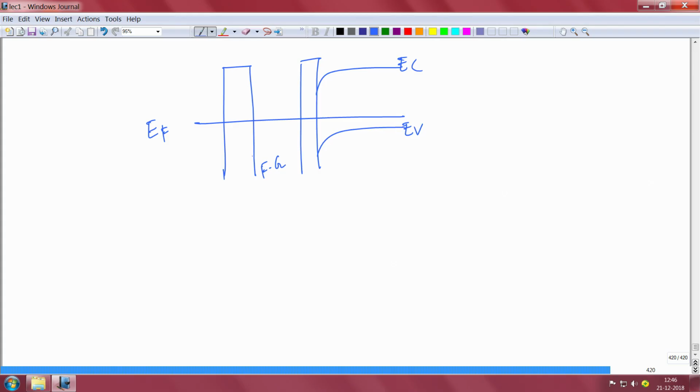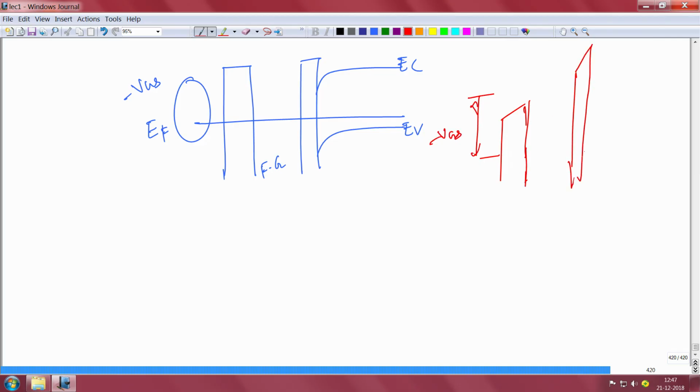Now when you are writing on this device, you apply a negative voltage on the main gate, the control gate. So your band diagram will look like this. You are applying a negative voltage here, minus VGS, and your bands will bend like that.